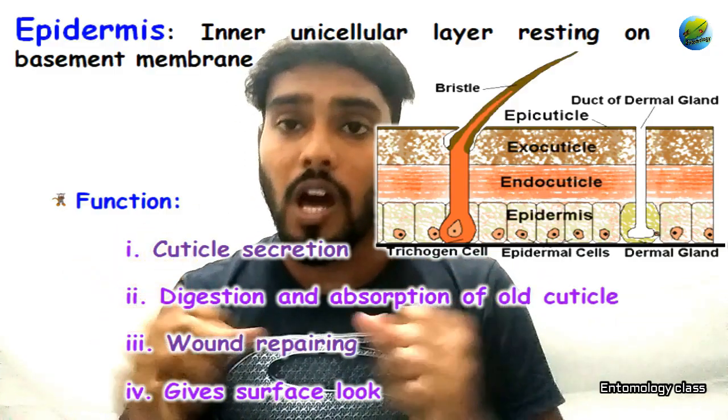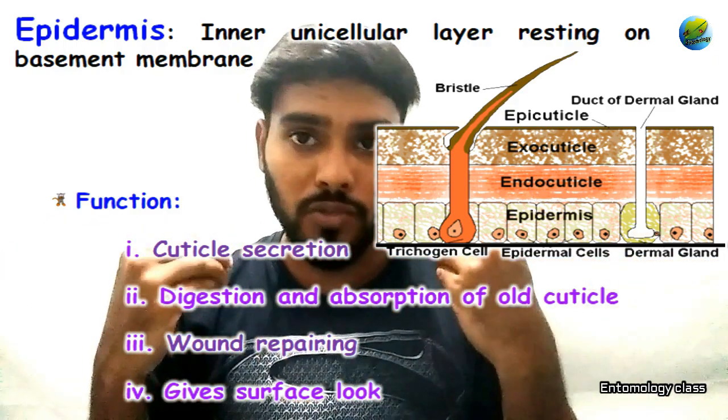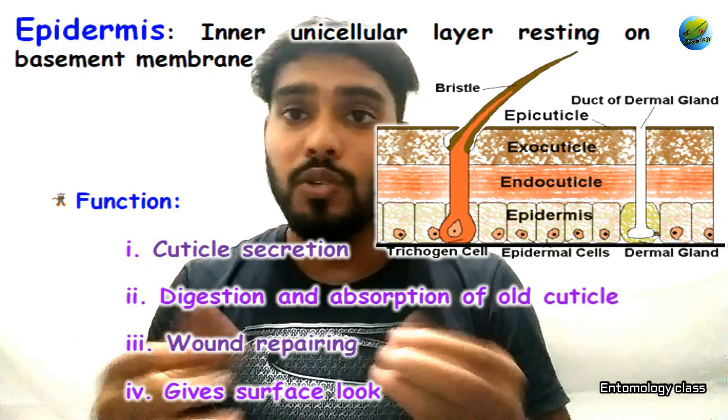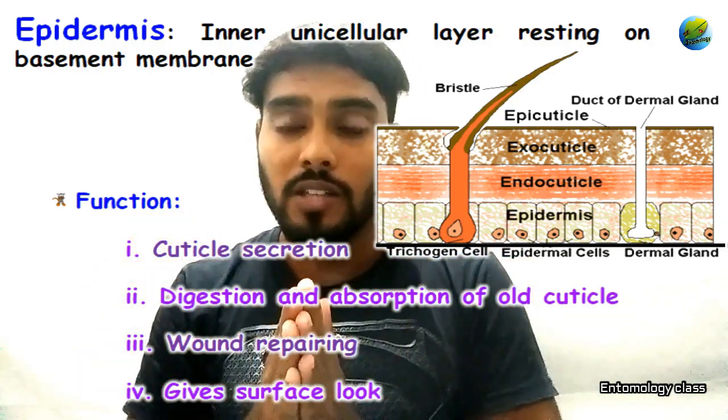Next, coming to our epidermis. The major role of the epidermis, a unicellular layer, is to produce the cuticle. During molting, which we will talk about a lot in the upcoming classes, the older cuticle will be absorbed by these epidermis cells.